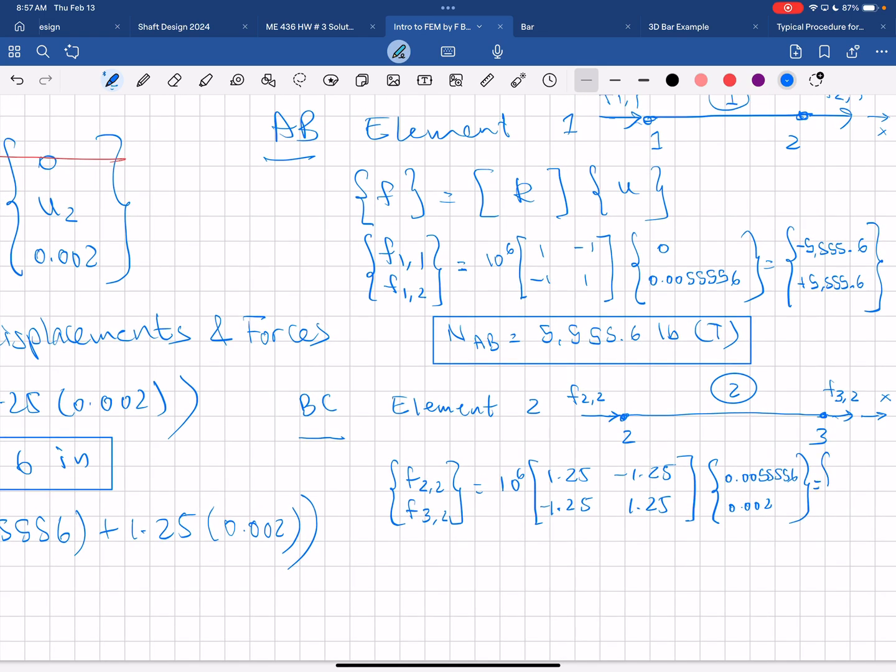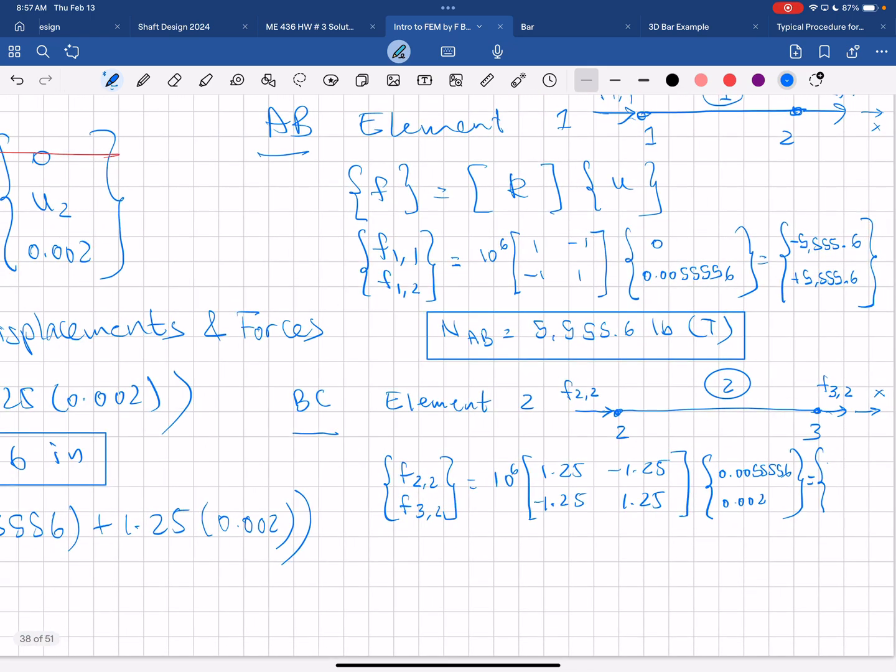This is equal to 4,444.4 and a minus 4,444.4.